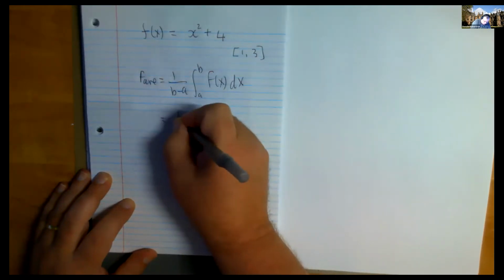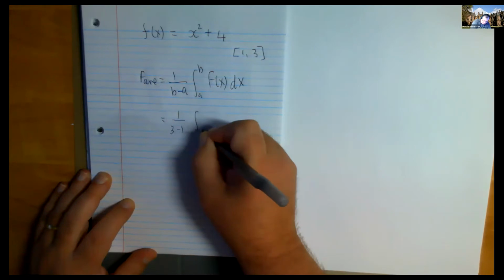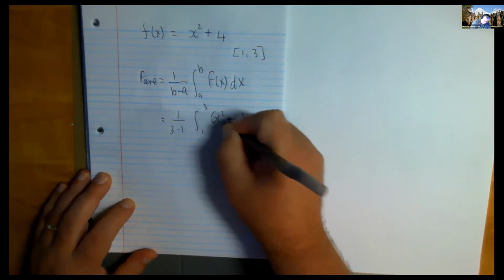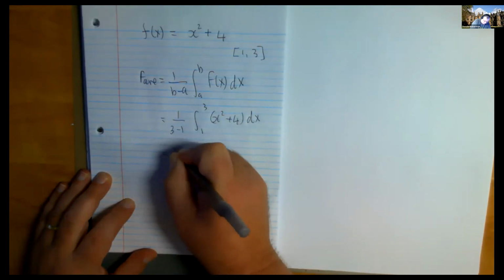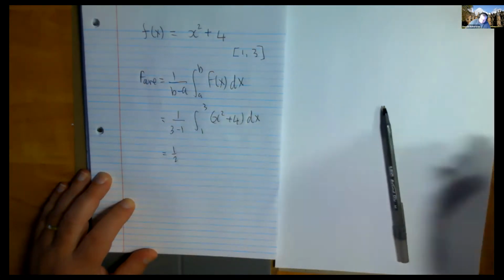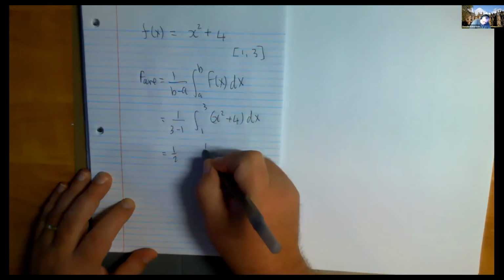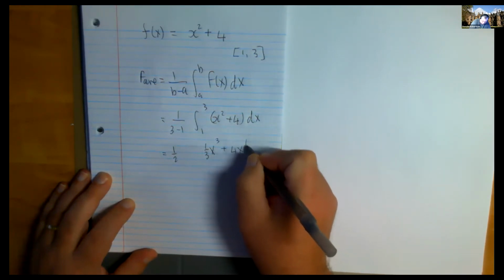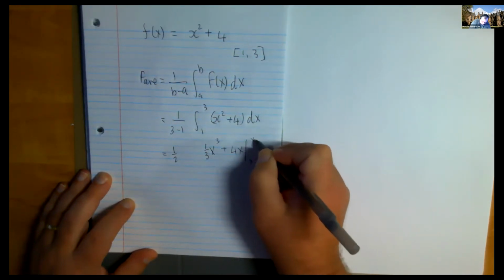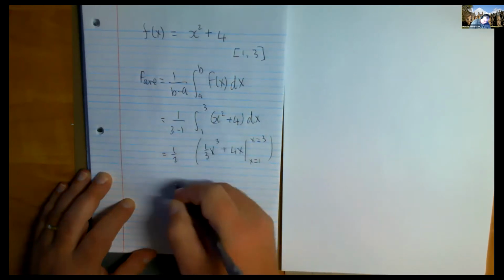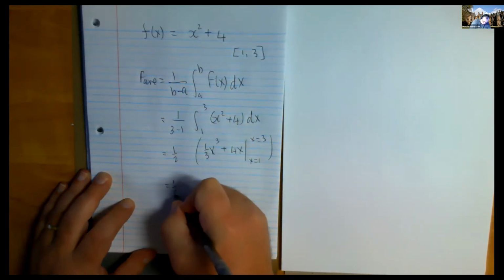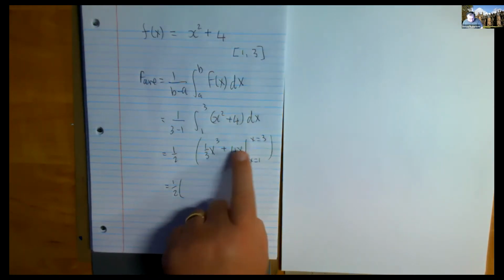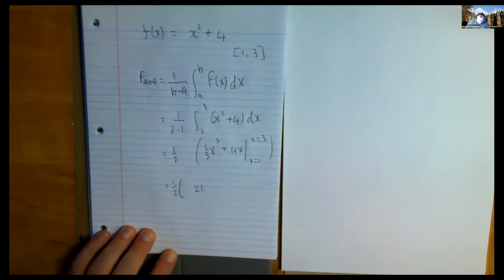So 3 take away 1, the integral from 1 to 3, in this case x squared plus 4. So that's a half. Power rule, 1/3 x cubed plus 4x, evaluated at 1 and at 3. Here's the dangerous part where I try and do things in my head. That gets you 9, that gets you 12, so that's 21.